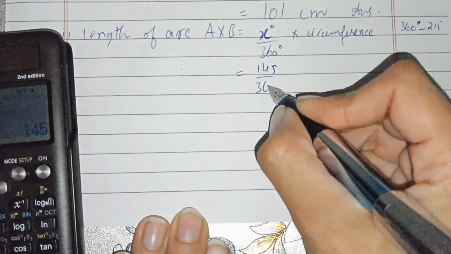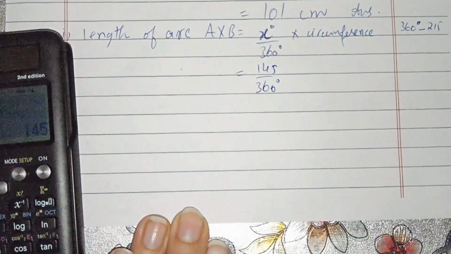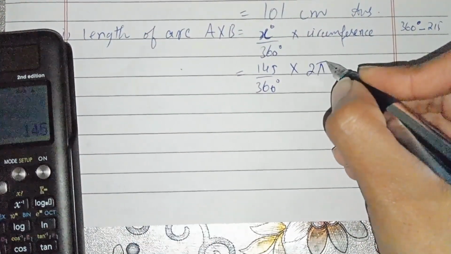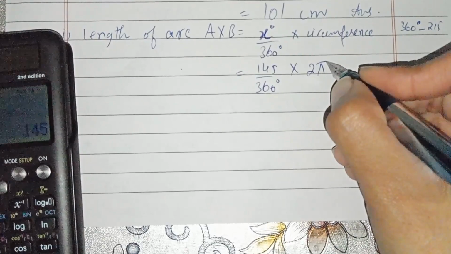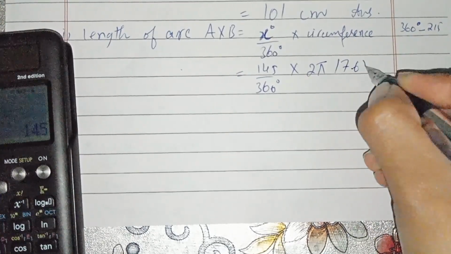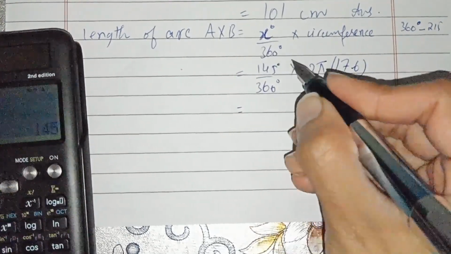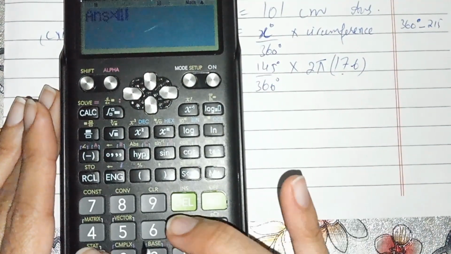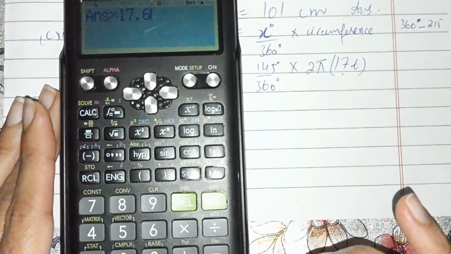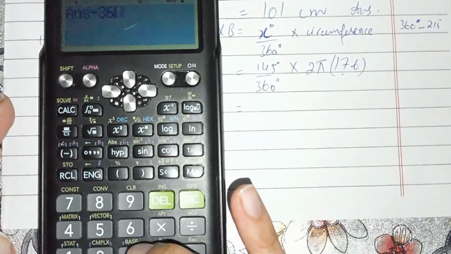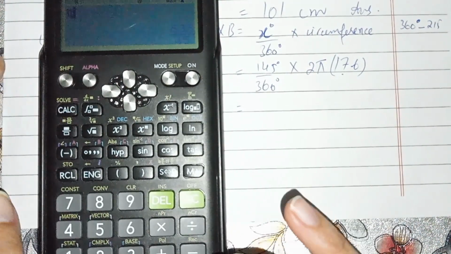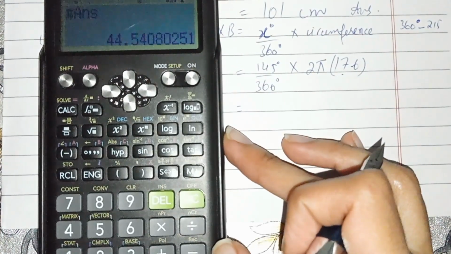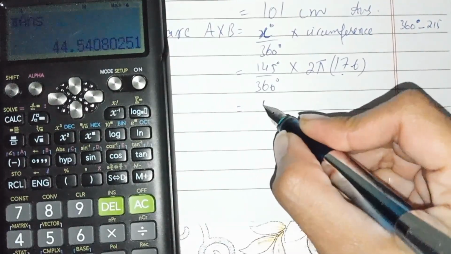This is 145 divided by 360 and circumference is 2 pi and r is also given to us, which is 17.6. Now we have to solve it. 145 multiplied by 2 multiplied by 17.6 and divided by 360 and multiplied by pi and we get 44.5 centimeter.